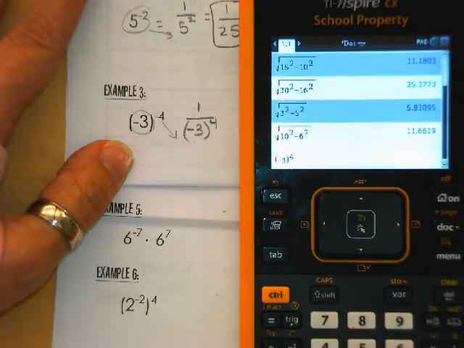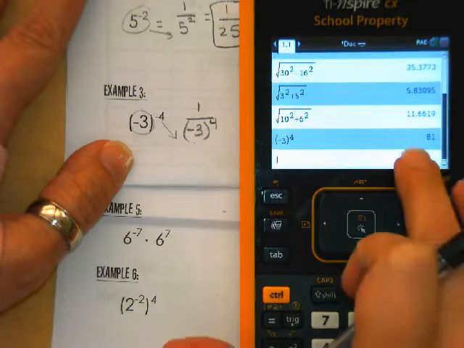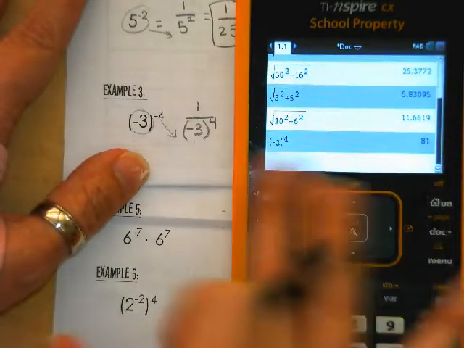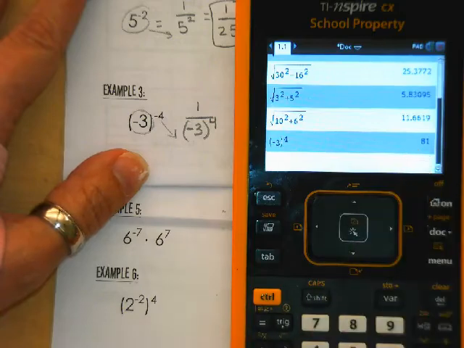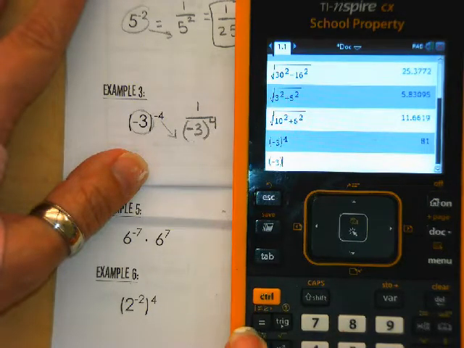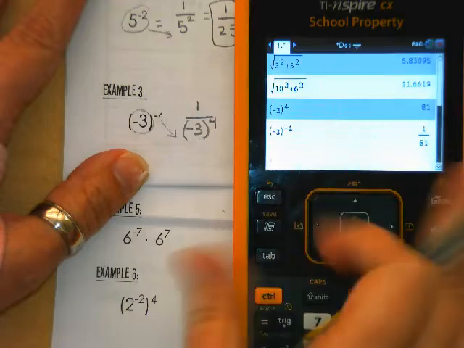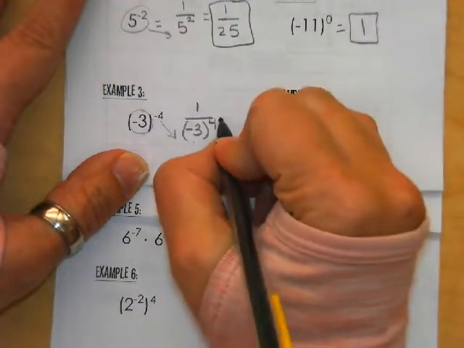Otherwise, it thinks it's -1 times 3 to the 4. So this is a positive 81. That's going to be my denominator. Okay? If you're not sure, you can always put it in, see, I just did the denominator part right here. If you put it in the calculator with that negative exponent, you'll get your fraction.